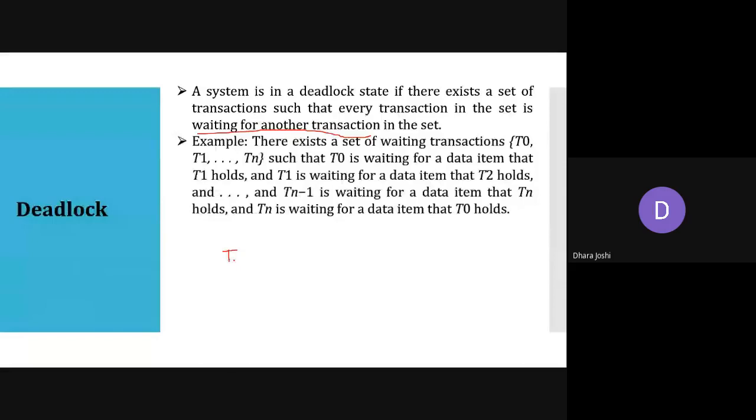The first one is transaction T0. T0 has some data item, but to complete its execution it requires one data item held by T1. So T0 requests T1 for the data item it has acquired, suppose data item A. Now T1 has data item A, but it is waiting for data item B, which is acquired by transaction T2.